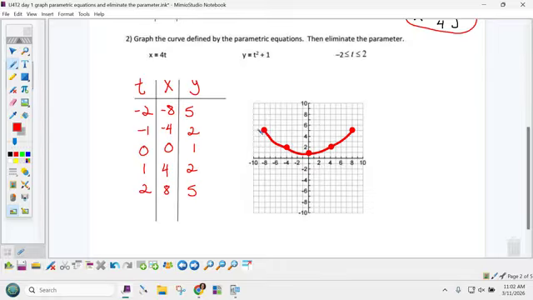Okay, don't go past these endpoints because our inputs are limited to just between -2 and 2. We do need direction arrows to show which way that input of t impacted the graph.